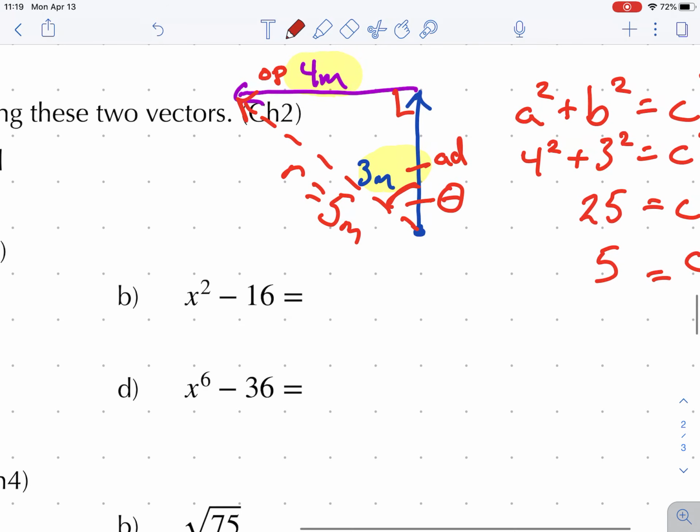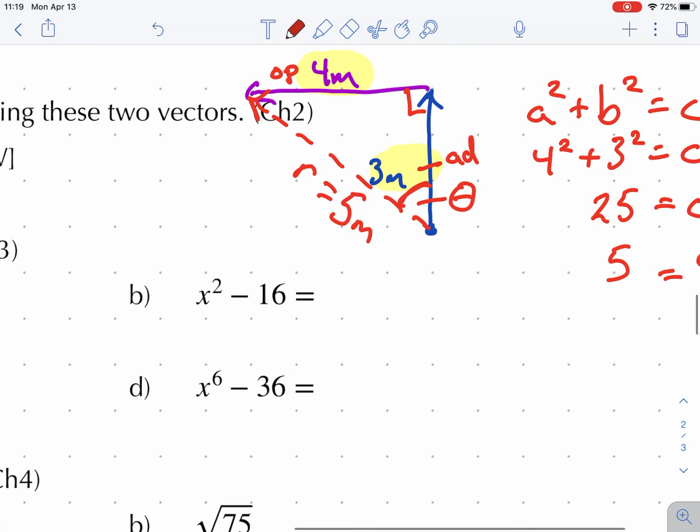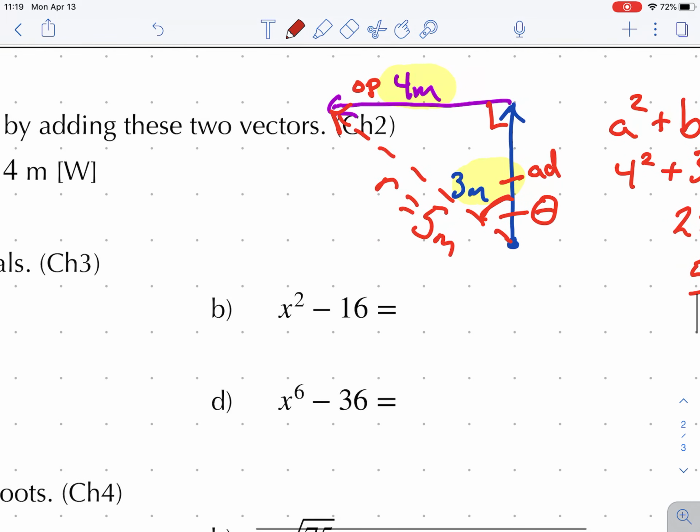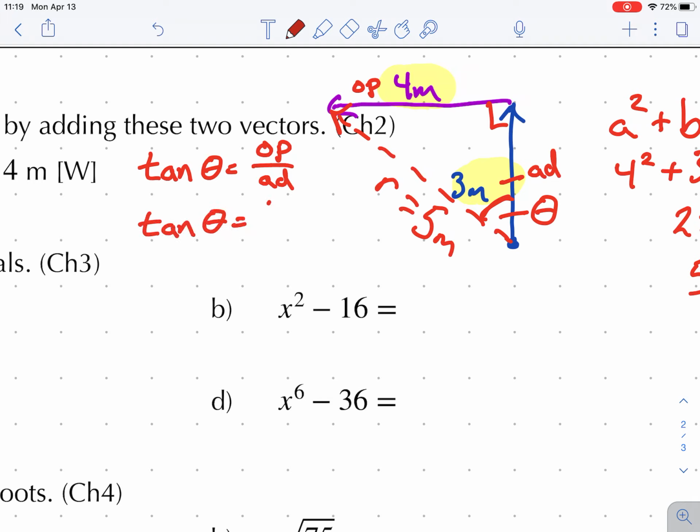Our trig function that has opposite and adjacent is tangent. Tangent of an angle is equal to the opposite side over the adjacent side. So tangent of our angle is going to be 4 over 3.